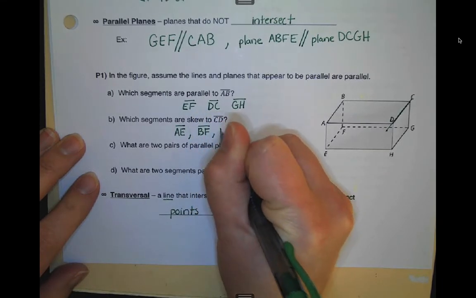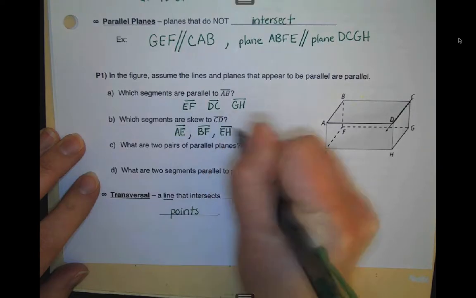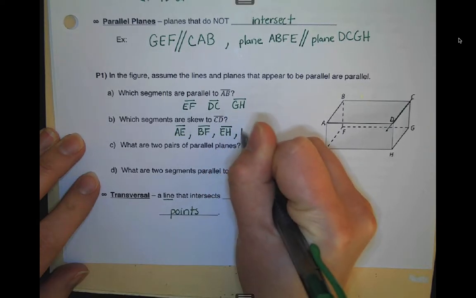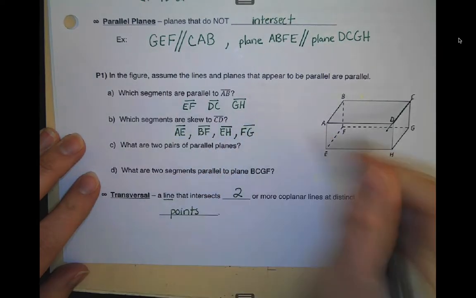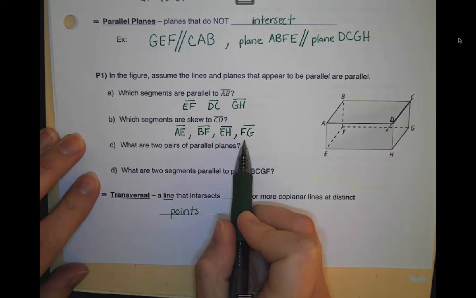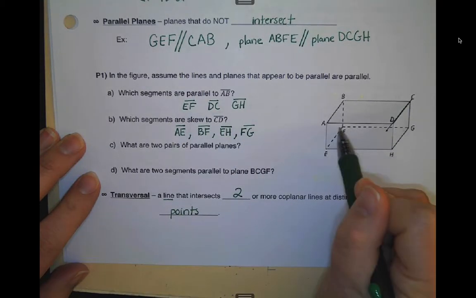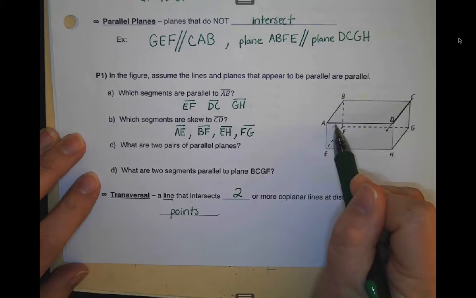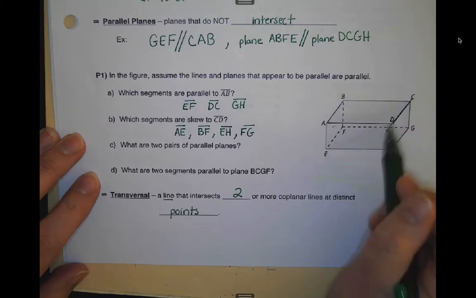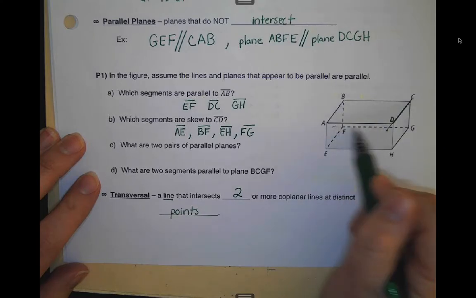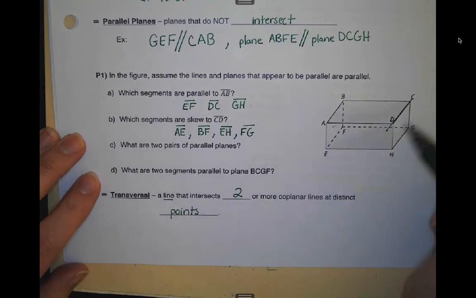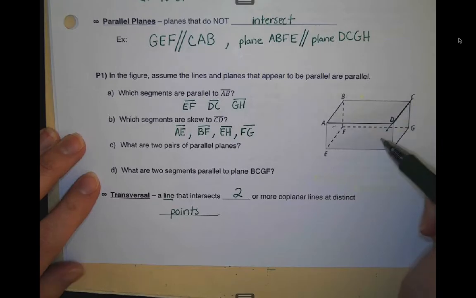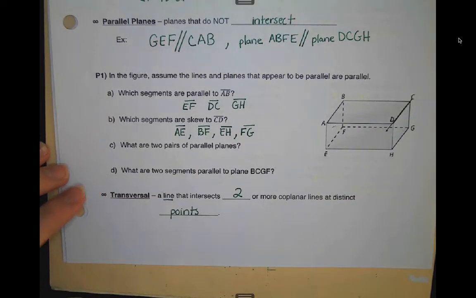Segment EH is skew to CD. And segment FG is skew. So I'm just going to take a moment to point out the FG. FG is back here, this dotted line in the back. It's not in the same plane as CD, and if we were to extend either one out infinitely, because they are not in the same plane, they are never going to end up intersecting.